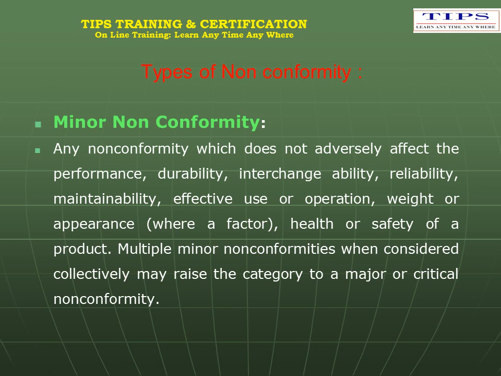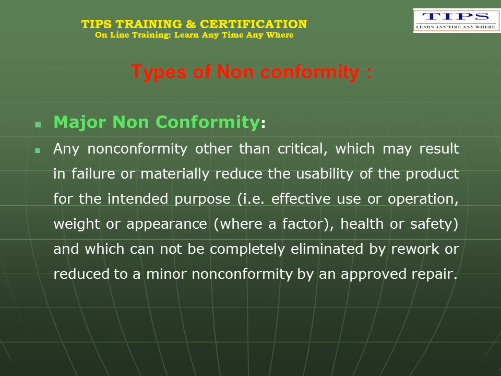You can see the example which we gave earlier for a test certificate. This is a minor non-conformity. If you missed a requirement to add in a test certificate, it is a minor non-conformity, because you have already designed the test certificate, but you missed one thing which was in the requirement of ISO 17025.